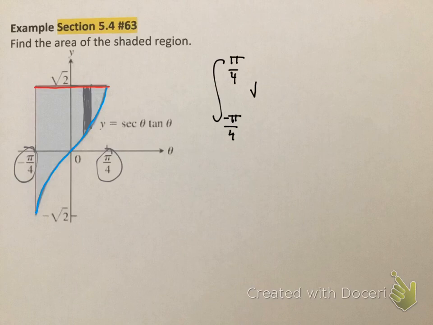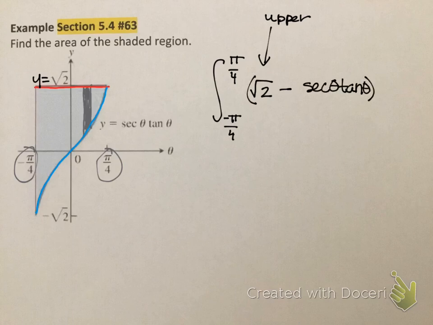Your upper curve is y equals the square root of 2. Your lower curve, the blue one, is secant theta tangent theta. So you are integrating with respect to theta.